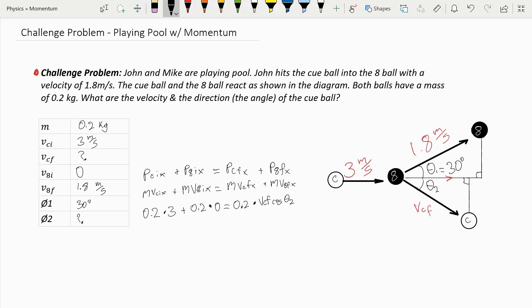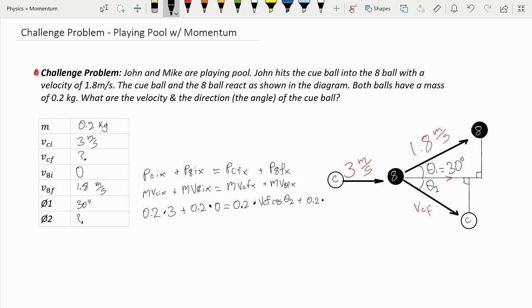Then plus 0.2 multiplied by the velocity of the 8 ball finally in the x direction.